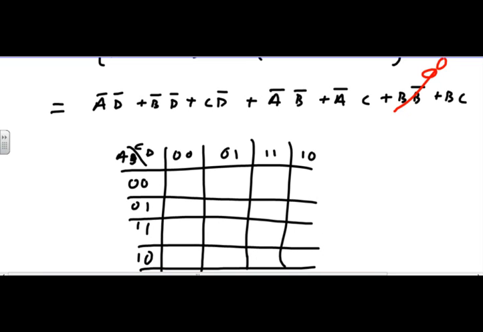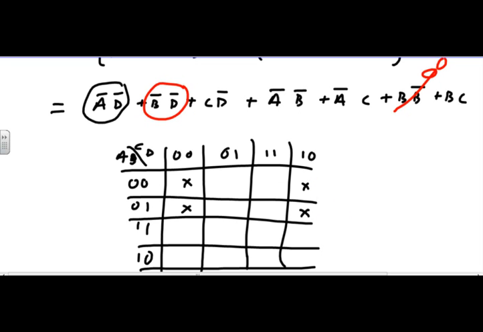Okay, so A, D naught, A naught, D naught, there and there. I'm looking at D, and then A naught, D naught, there and there.